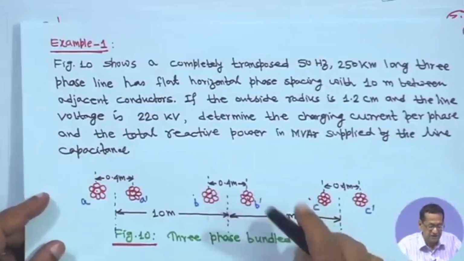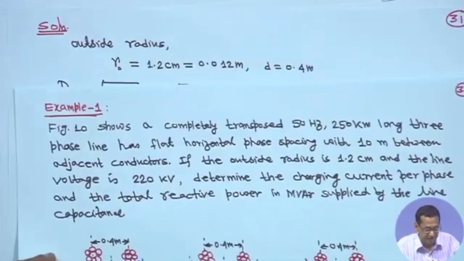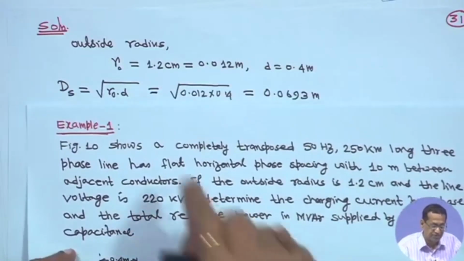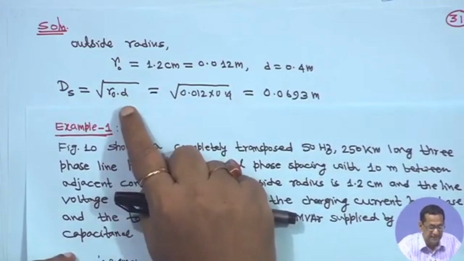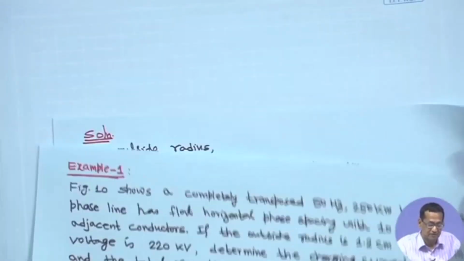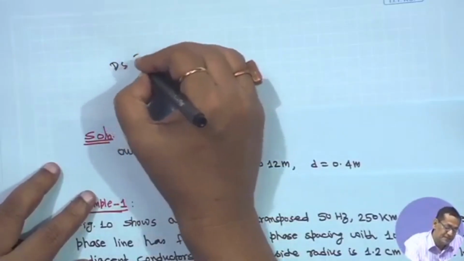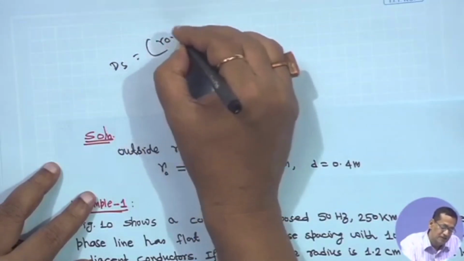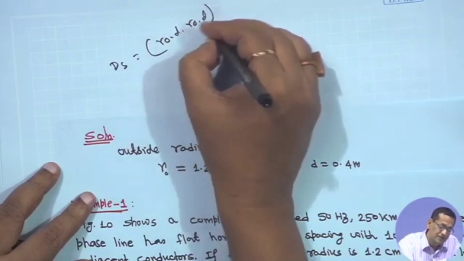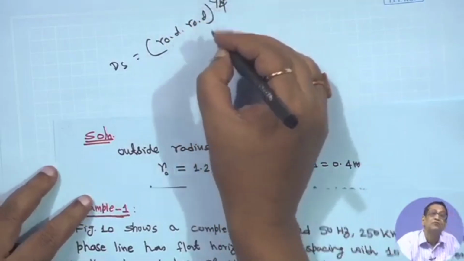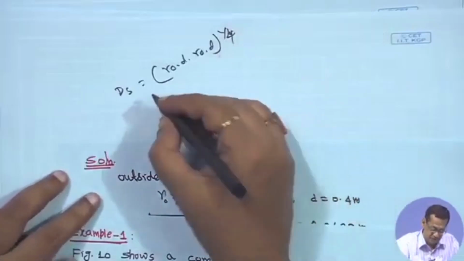In general, Ds is equal to (r0 into d into r0 into d) to the power 1 by 4.